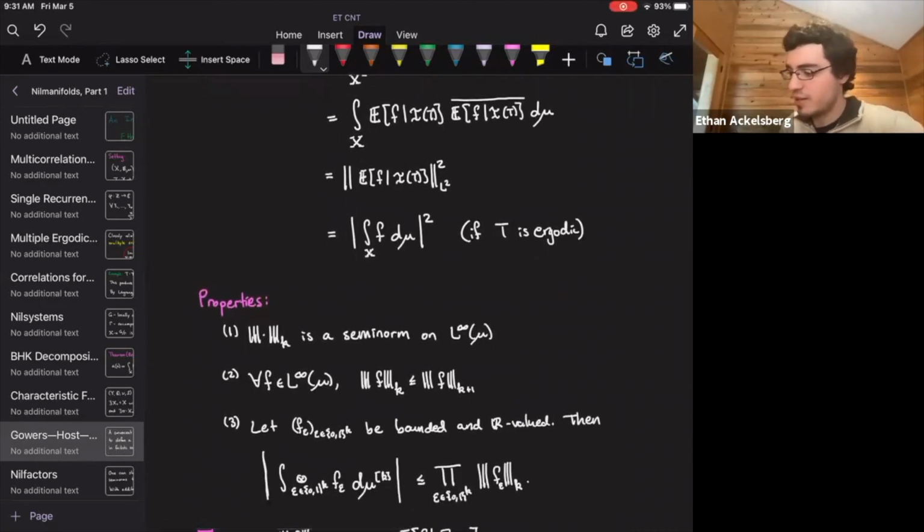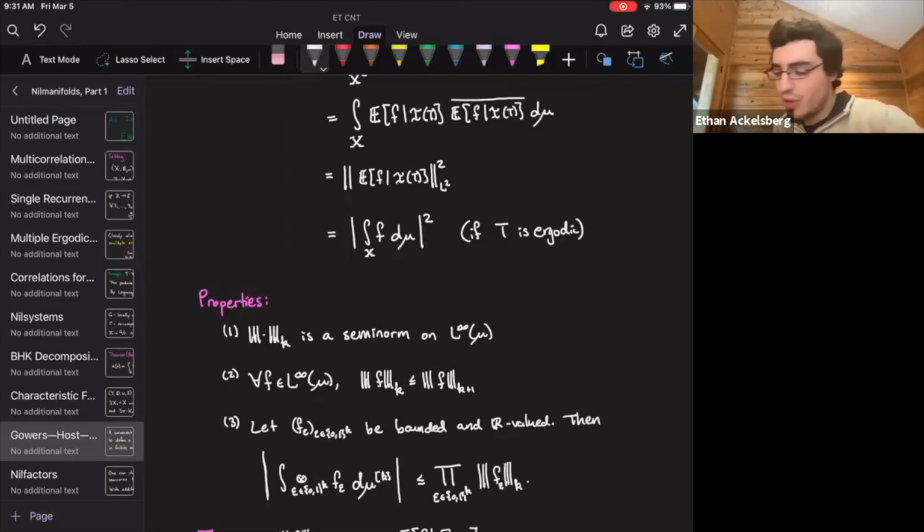And if we look at some collection of functions and take these sort of cubic configurations, we can bound that by a product of k seminorms. So if we look at basically the multilinear version of the expressions defining the seminorms, we can bound it by the product of the seminorms.